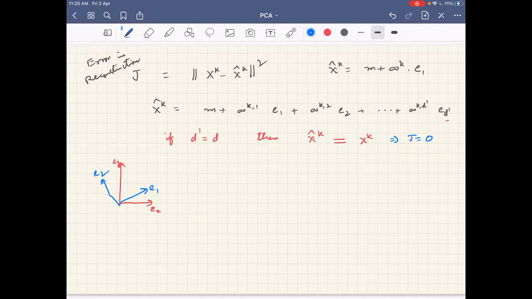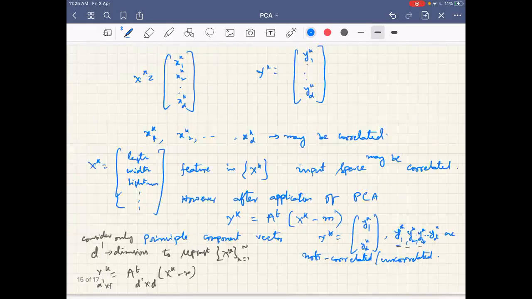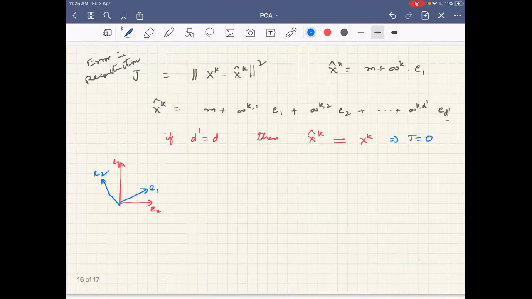However, when we consider only a limited number of dimensions or directions to project the data, let us see how much the error is. Let us quantify the error with a statistical estimate, since we are now considering the covariance matrix of xk and yk, and we have seen the difference in the properties.